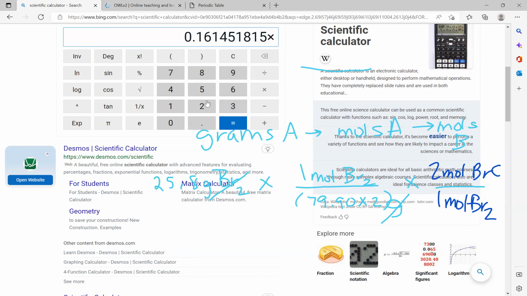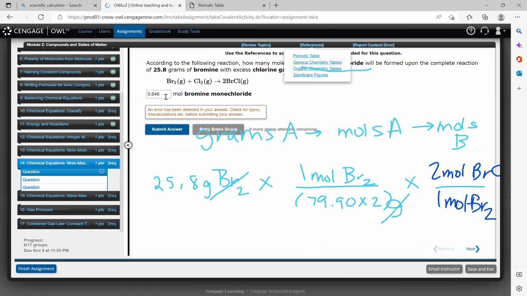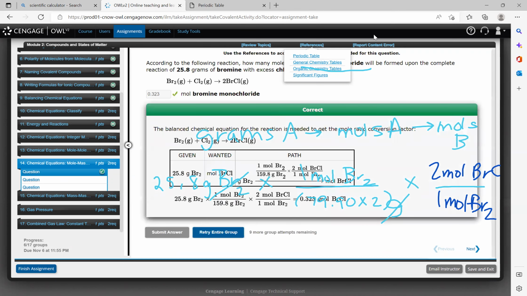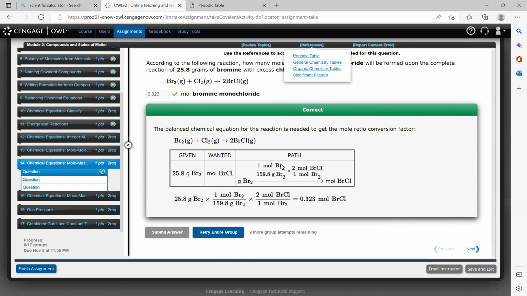And then by 2. Oh, I must have put something in wrong when I did this. Okay, so this comes out to 0.323 moles of bromine monochloride. There we go. Scientific calculator issues. But it gives you an idea to see how the questions are worded and again, how we're going to run through them.